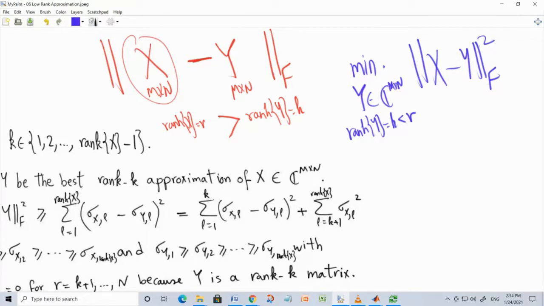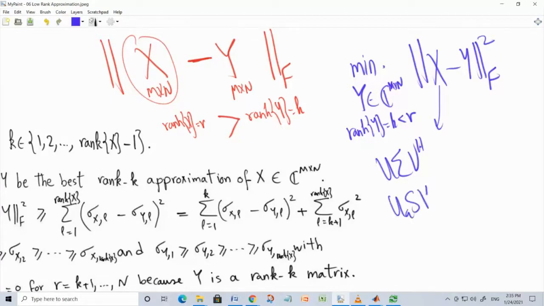So what is the solution to this optimization problem? I will tell you the solution first. It turns out that the solution is SVD. What you do is the SVD of X, so X is U sigma V Hermitian.